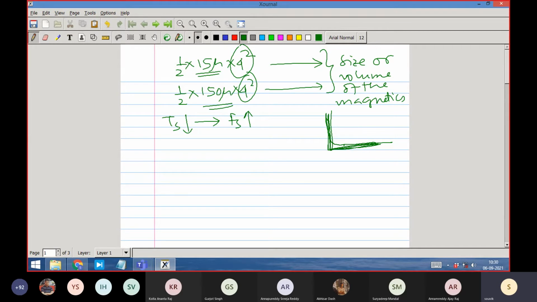So at higher frequency, beyond a specific value, the loss becomes so much that you are not able to handle that kind of loss within the device, and the efficiency suffers. So there is a practical limit to your intention to increase the switching frequency.